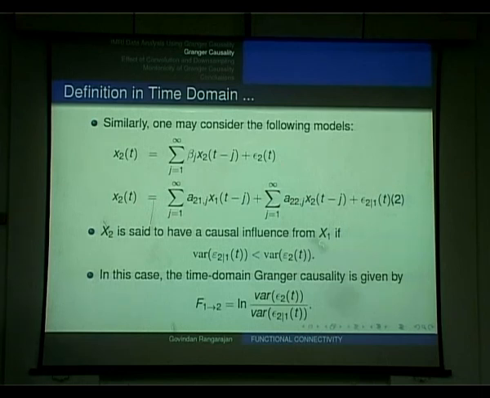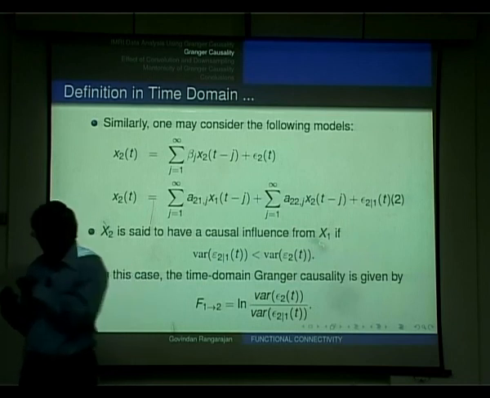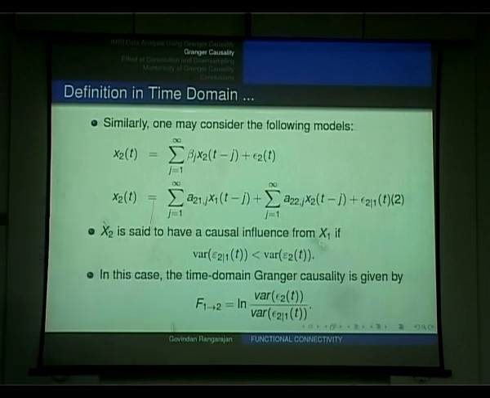If this error is smaller than the first, then obviously using the past of x1 has helped you predict x2 better. Therefore, you say that x1 has a causal influence on x2. This is again quantified by this ratio. So you can have causal influences from 1 to 2 and 2 to 1, going both ways.